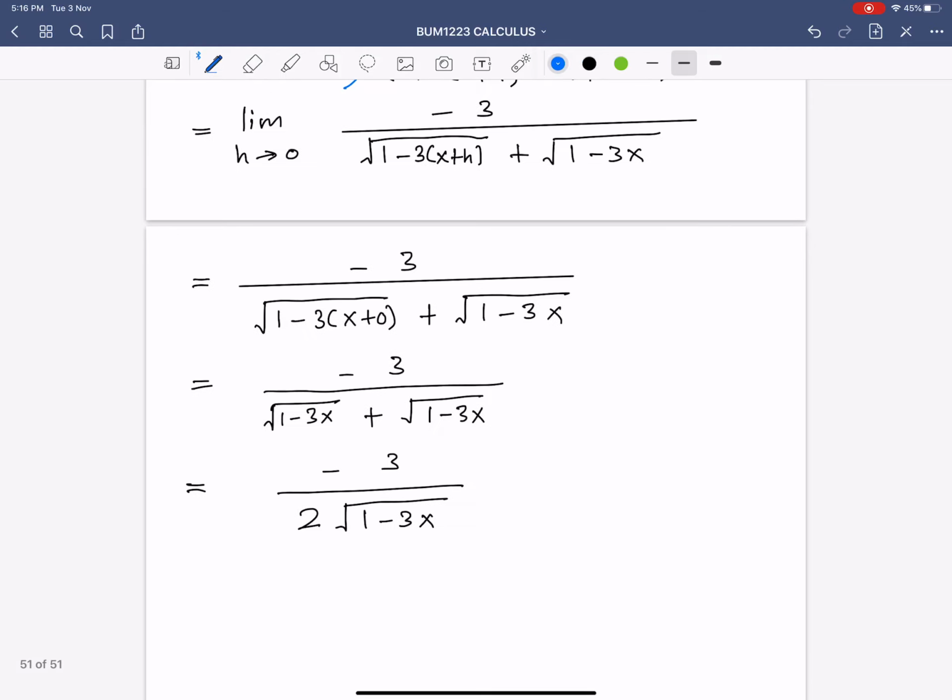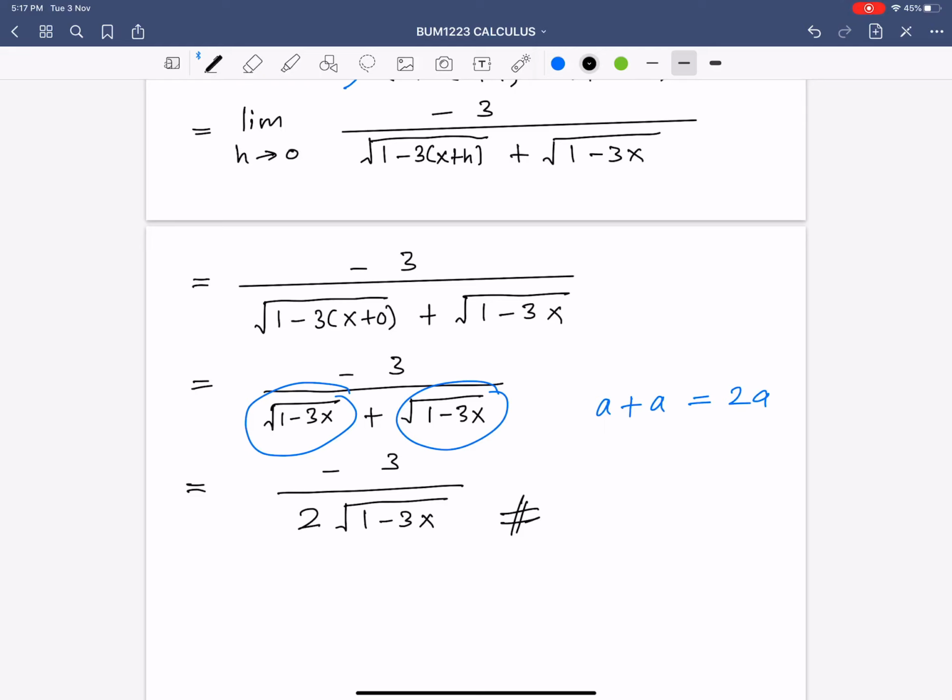So that is the final answer for f prime of x by using first principle.